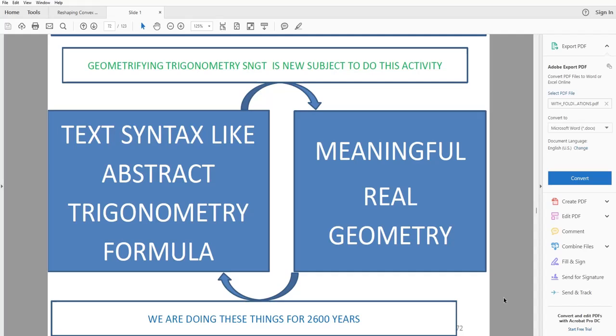That means from the abstract syntax of the trigonometry formula, Sanjoy Nath's Geometrifying Trigonometry converts it into real, meaningful geometry. The abstract trigonometry formula hides lots of possibilities in a single formula.